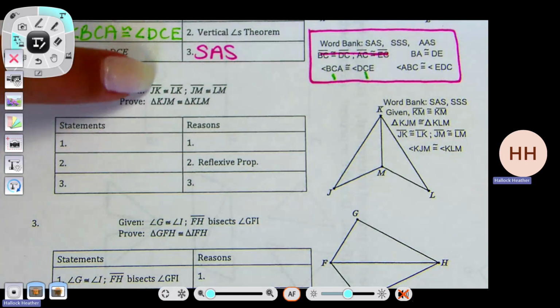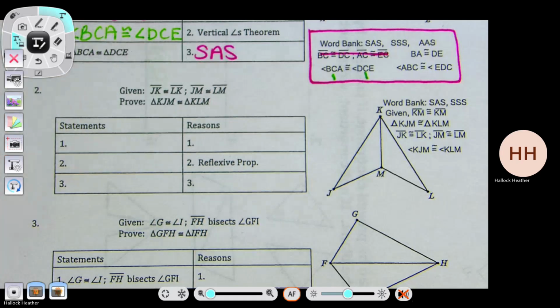The first thing you should put is your given, which goes with the first part. So what should be the first step?